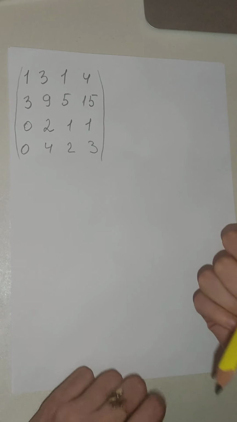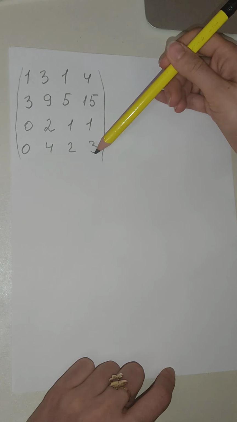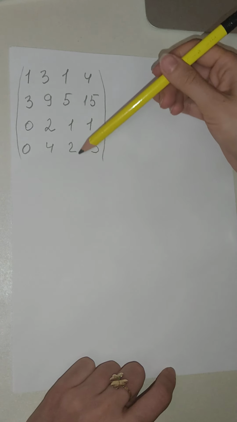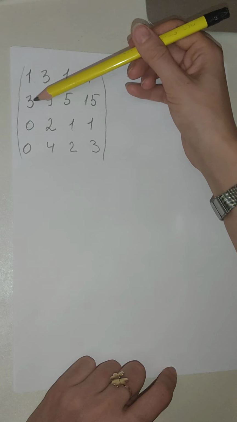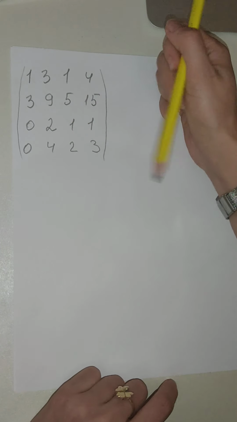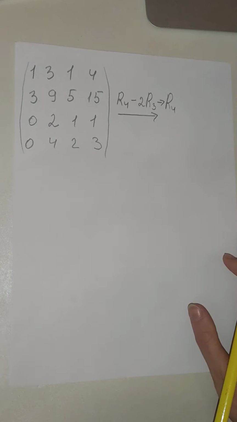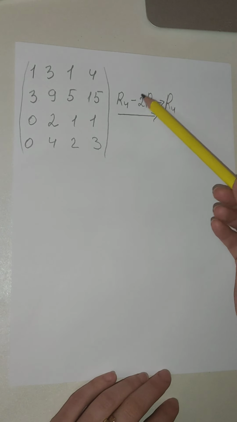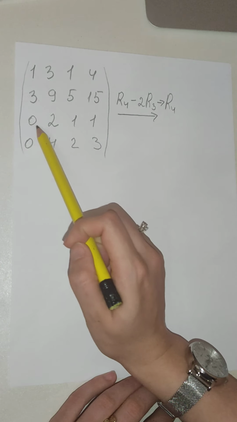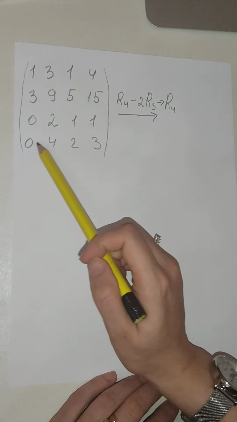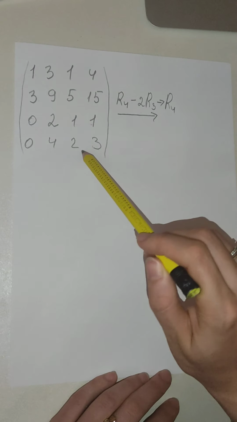This is the given matrix. Here you see the diagonal elements are 1, 9, 1, 3, but the elements under the diagonal elements are not 0. Here 2 of them are 0, but 4 of them are not 0. We should get 0 from these elements. What should we do? We can take twice row 3 and subtract it from row 4 and write the result instead of row 4.